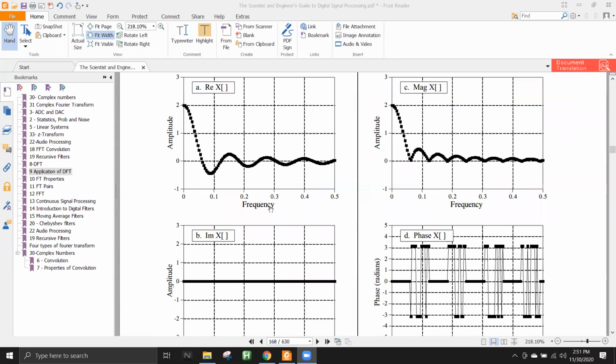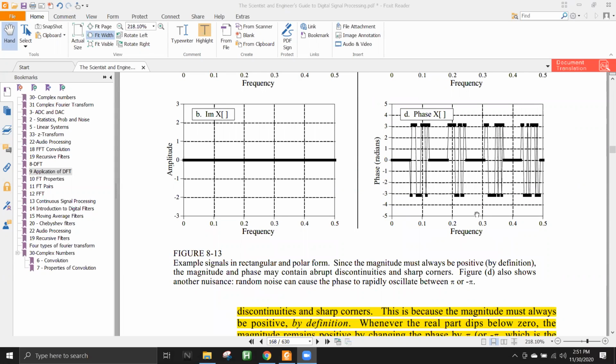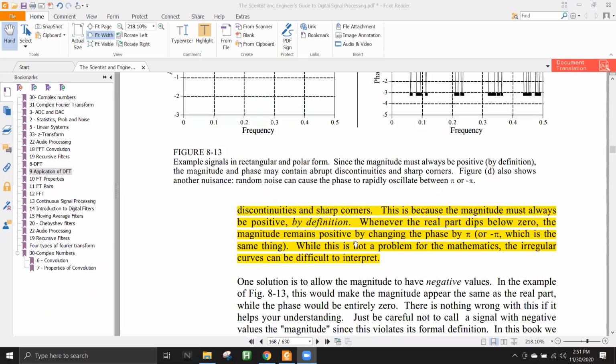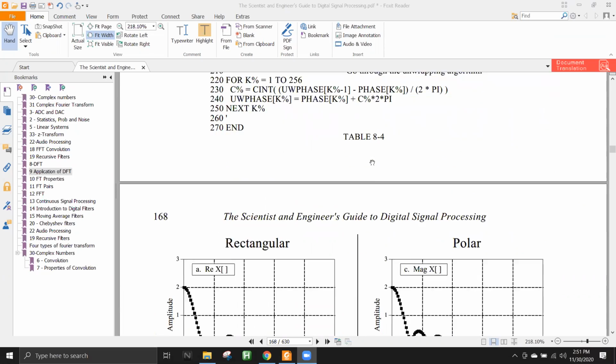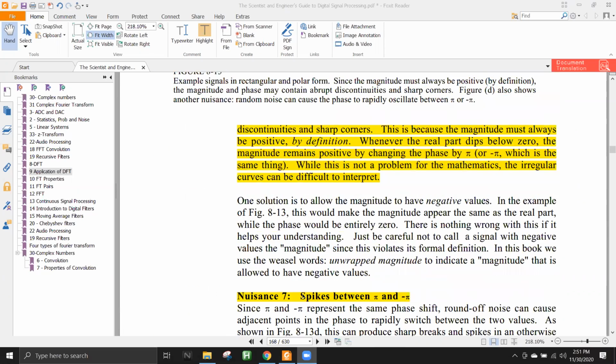And from this same scenario, another problem occurs in the phase, where the phase jumps from a negative value to a large positive value. That case is called spikes between pi and minus pi. Both of these scenarios, the pi ambiguity and the spike from minus pi to pi, come from nuisance 6 or 7.